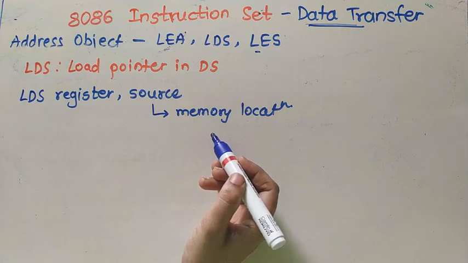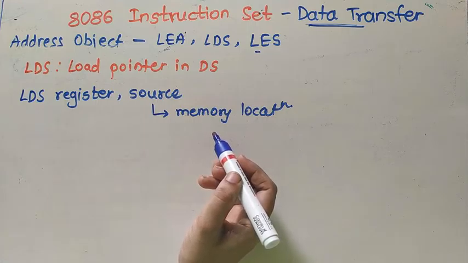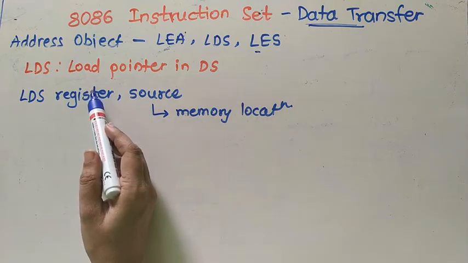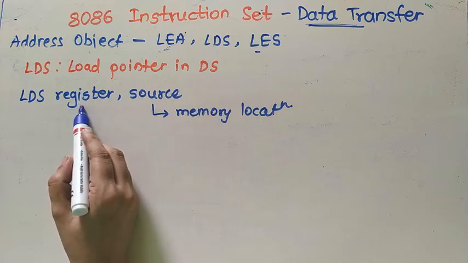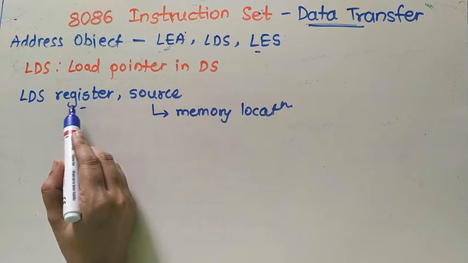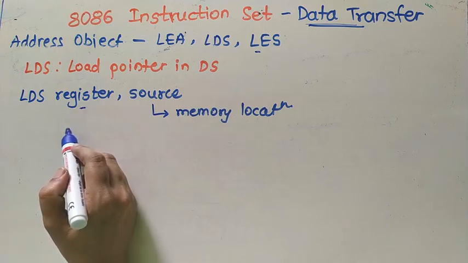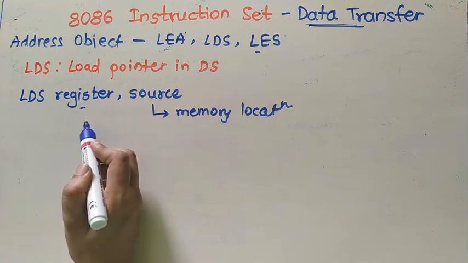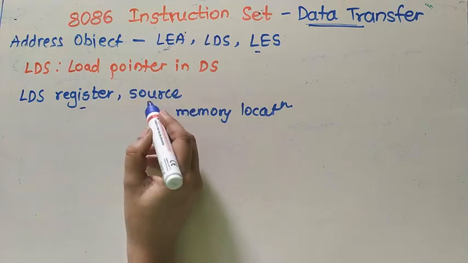This instruction loads the destination register, along with the DS register, with the offset address and the segment address specified by this source.